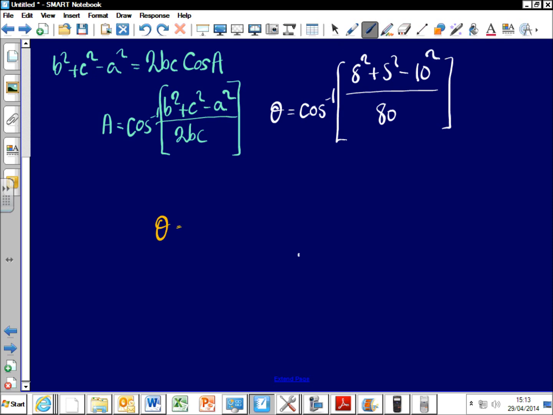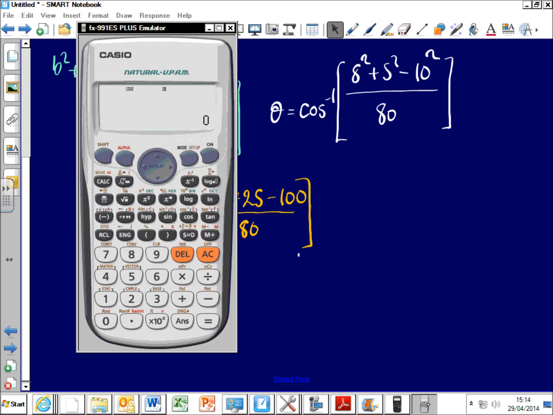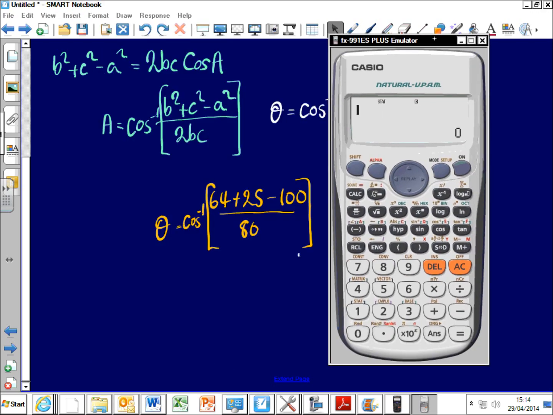Okay, so this is 64 plus 25 minus 100 all over 80. Well, I've got to do the inverse cosine of that. Okay, so let's just whack this in the calculator, shall we? 64 plus 25, take away 100, divided by 80.